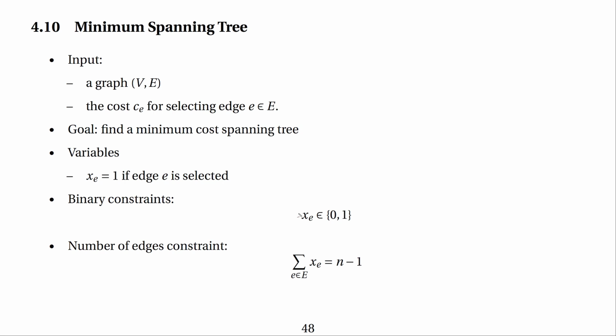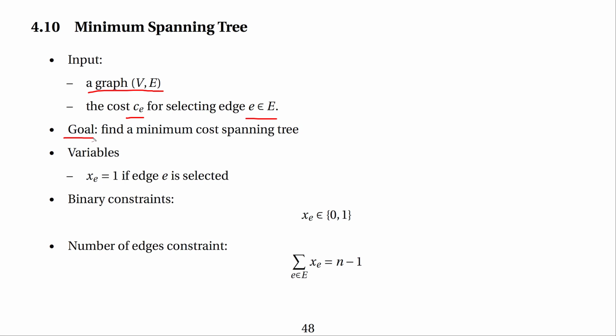Let's try to formulate the minimum spanning tree problem using integer programming. Not because it's such a great idea, but because we hope to learn something about integer programming in graphs. As input, we have a graph (V, E) and we have a cost c_e for selecting an edge e that is part of the graph.